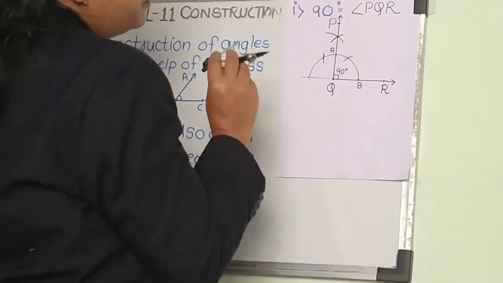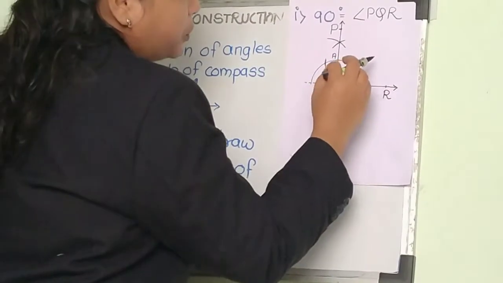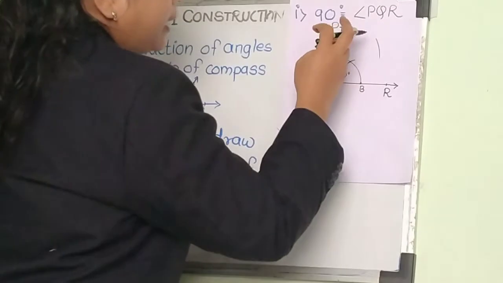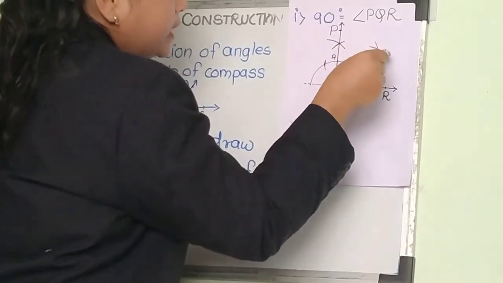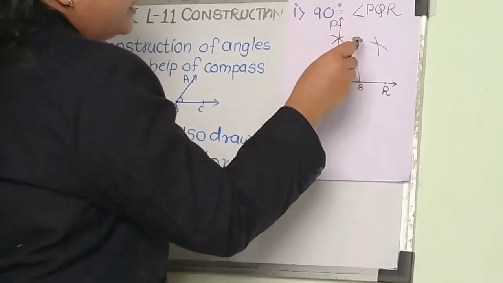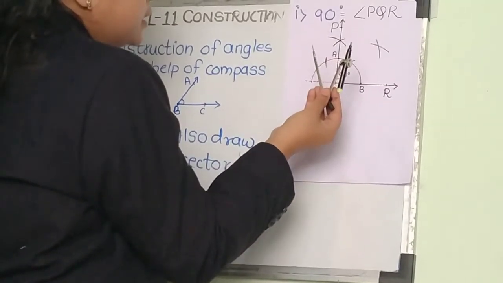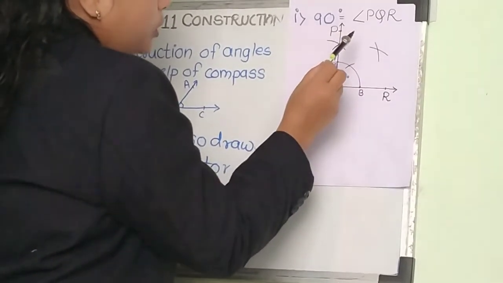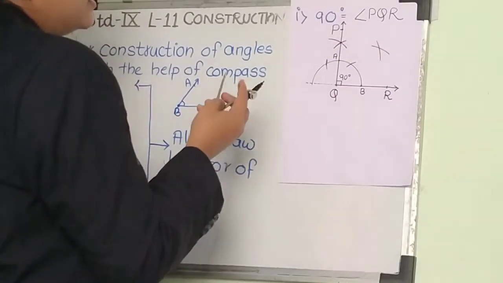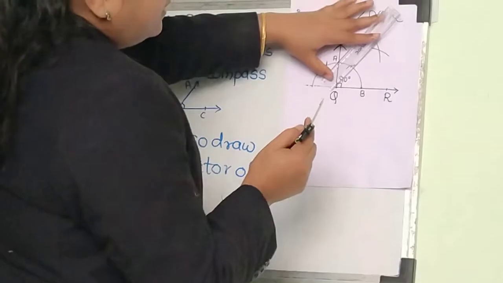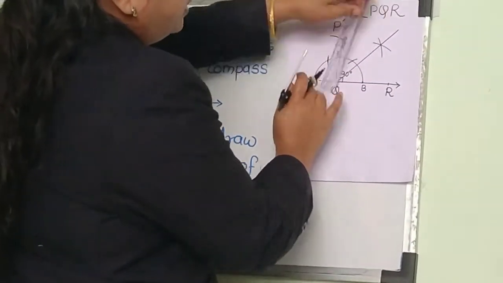Through the A and B point, we take some distance in our compass, and through the point A and B, we have to draw the arc with fixed length. What I will do here? Here I am going to take some distance in our compass, and through the point A and B, we are going to draw the intersecting arc, and they are going to pass through the angle.